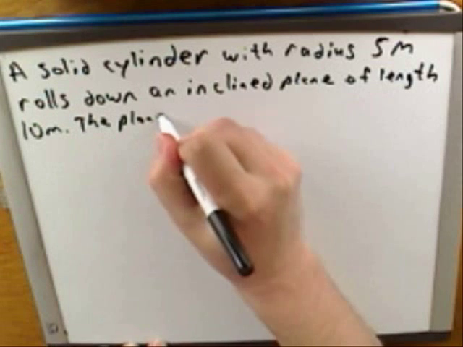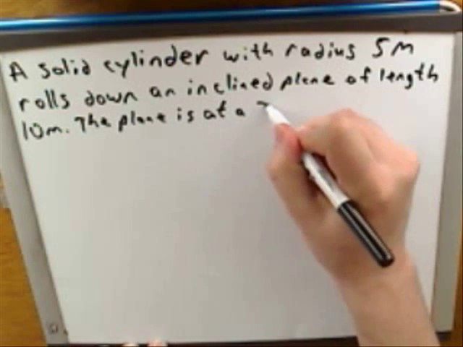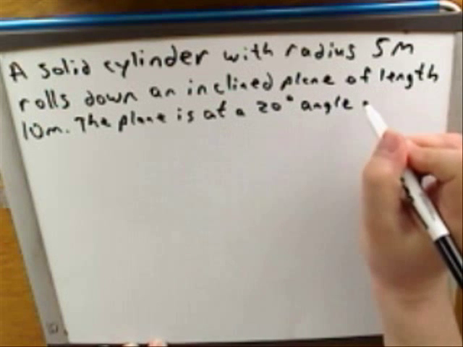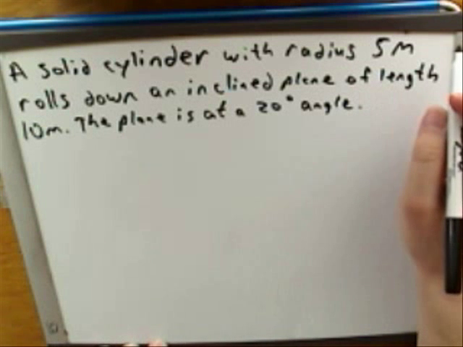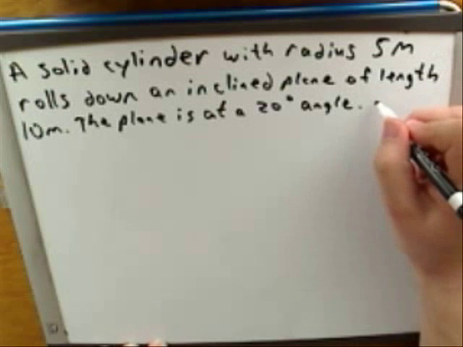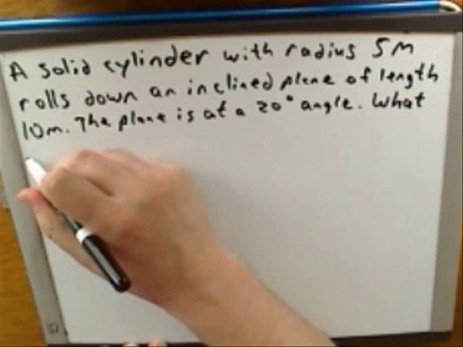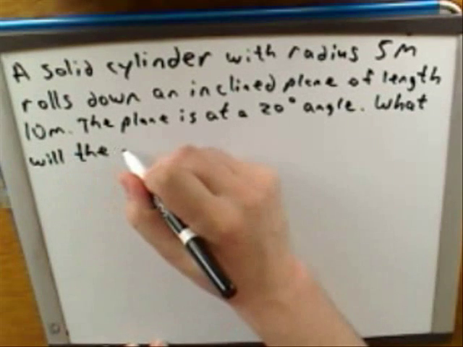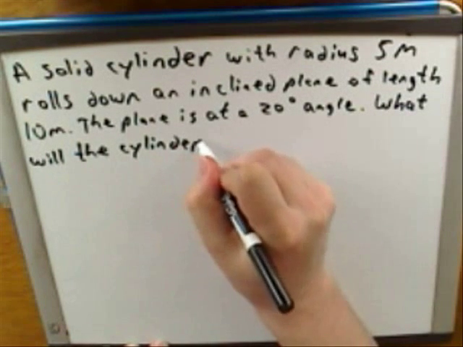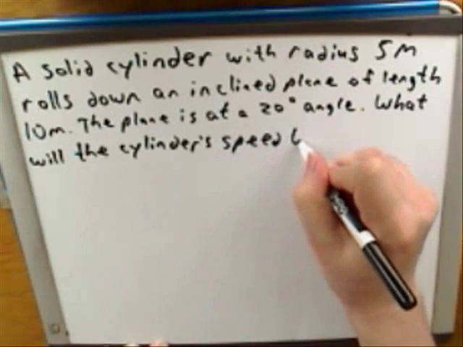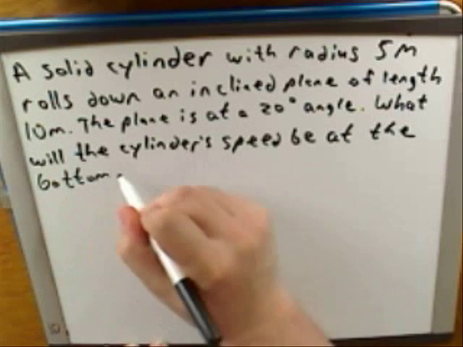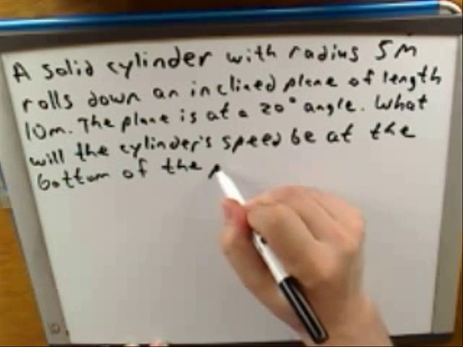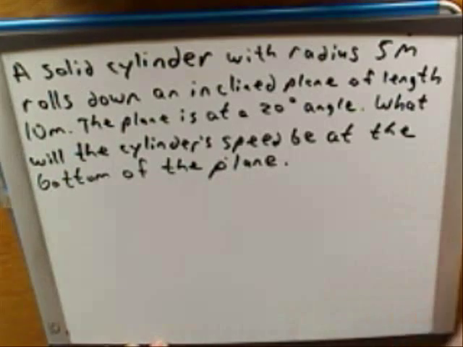The plane is at a 20-degree angle. What will the cylinder's speed be at the bottom?